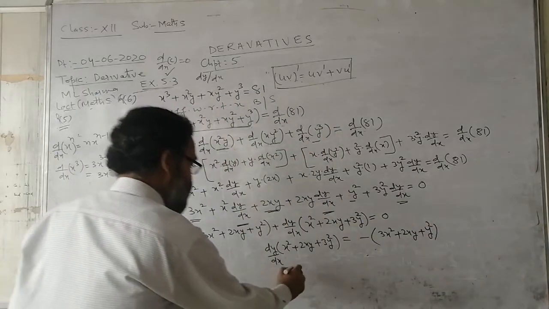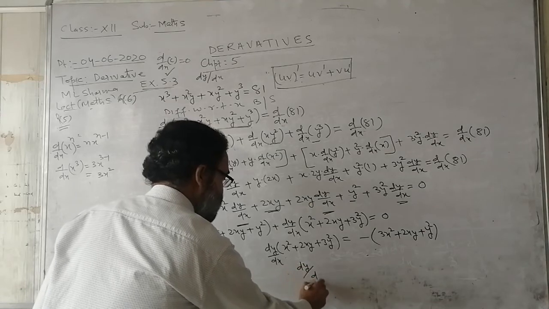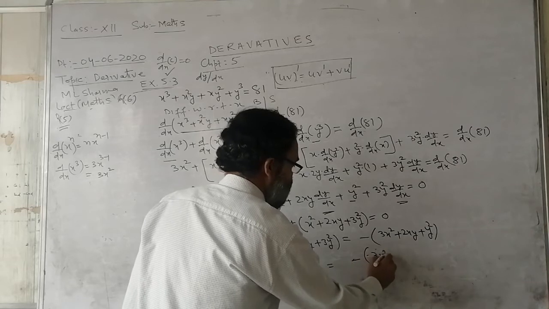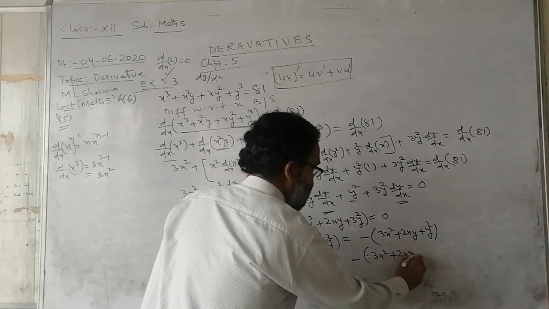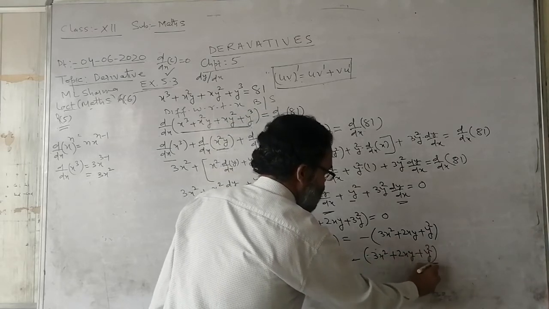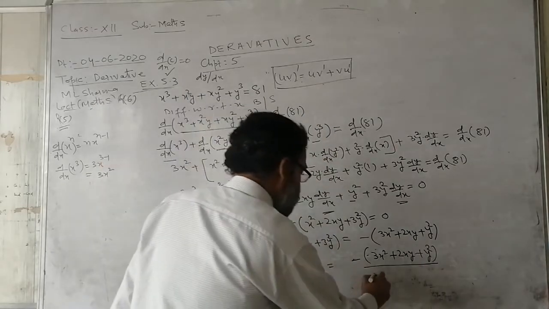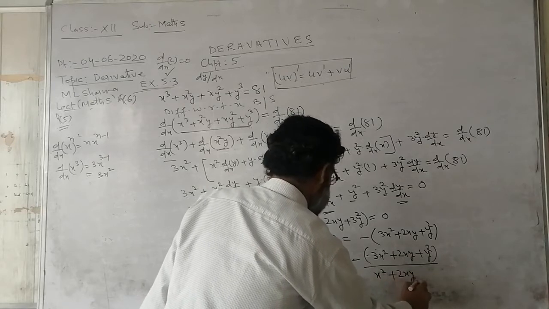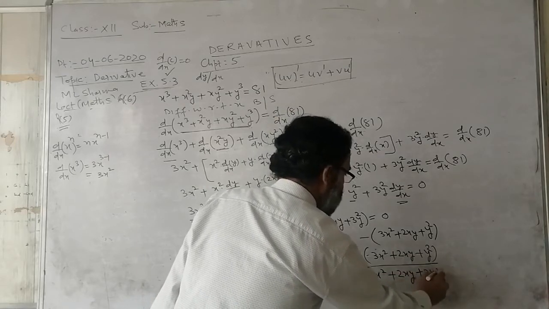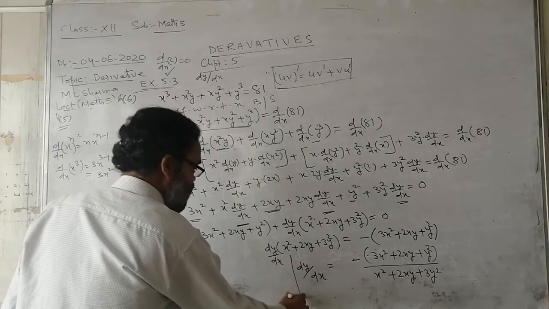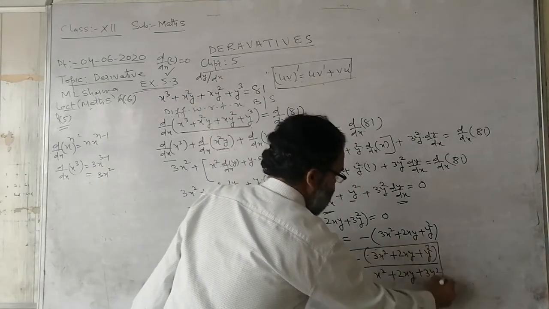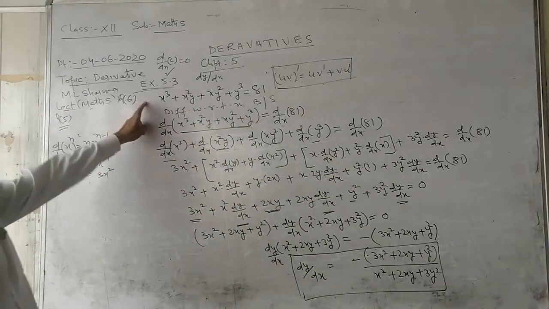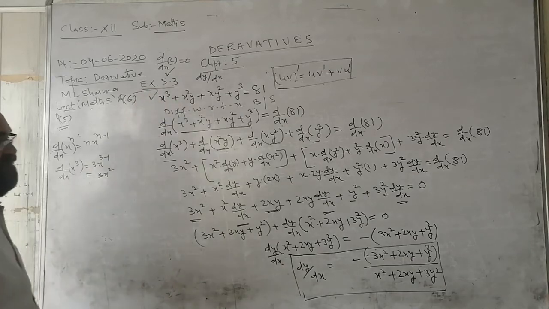So value of dy upon dx will equal to minus sign 3x square plus 2xy plus y square upon x square plus 2xy plus 3y square. So in this way we have found out the value of dy upon dx for the given function.